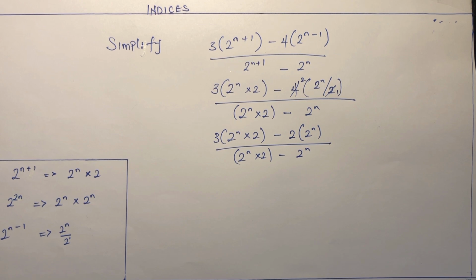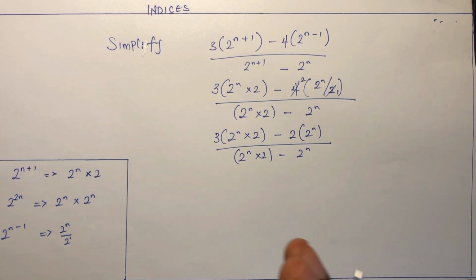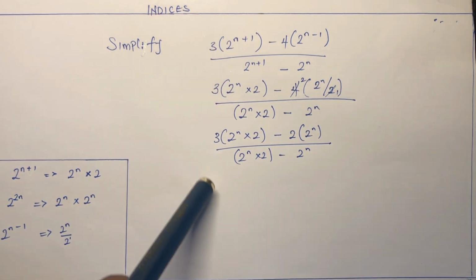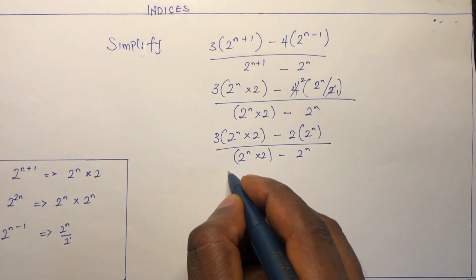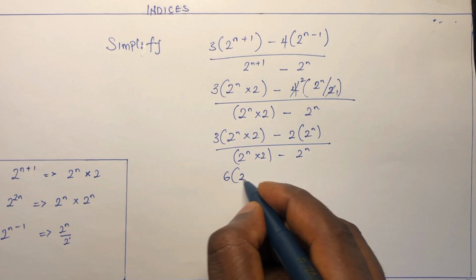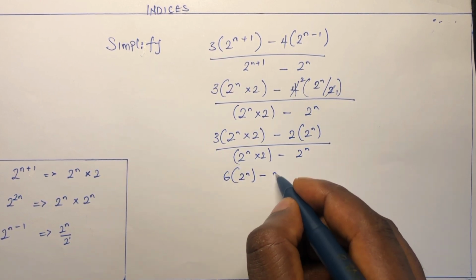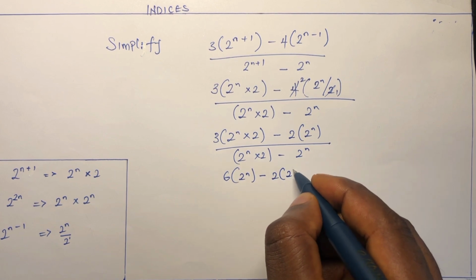And now we are going to multiply out, and do not forget that whatever we are doing here is to make sure that, at the end of everything, we are able to simplify this expression. So if we multiply 2 and 3, we'll have 6 to the power of 2n, then minus 2 to the power of 2n.